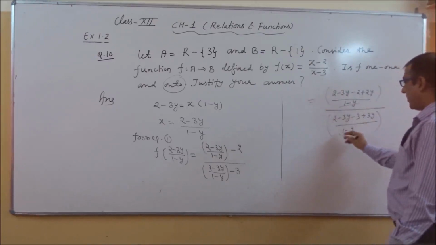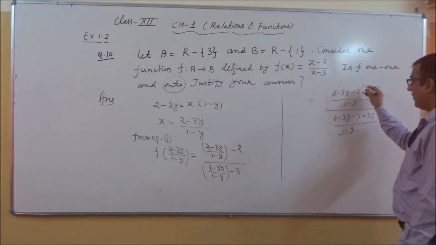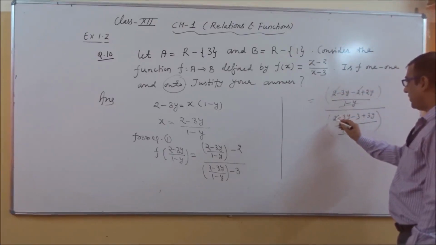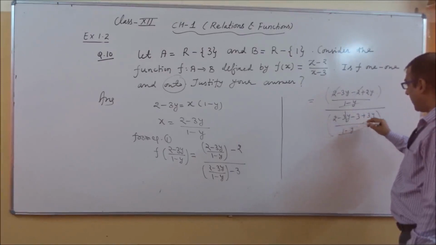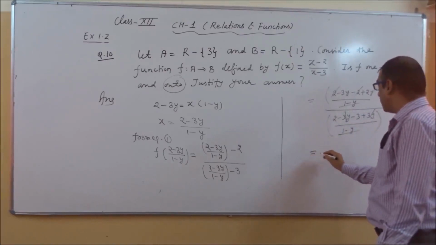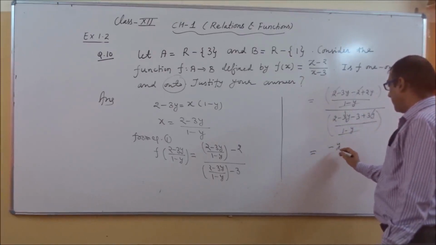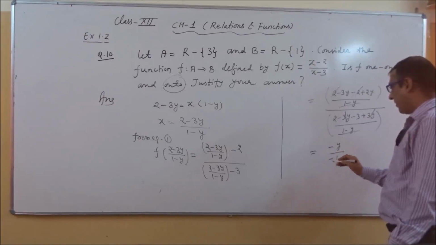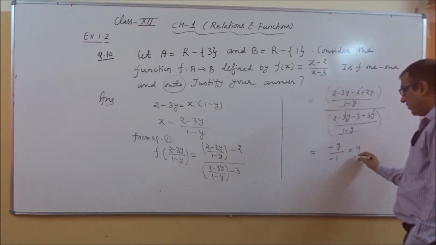So 1 - y cancels with 1 - y, 2 cancels with 2, -3y cancels with +3y. So what will we get? We will get -y upon -1, which is equivalent to y.